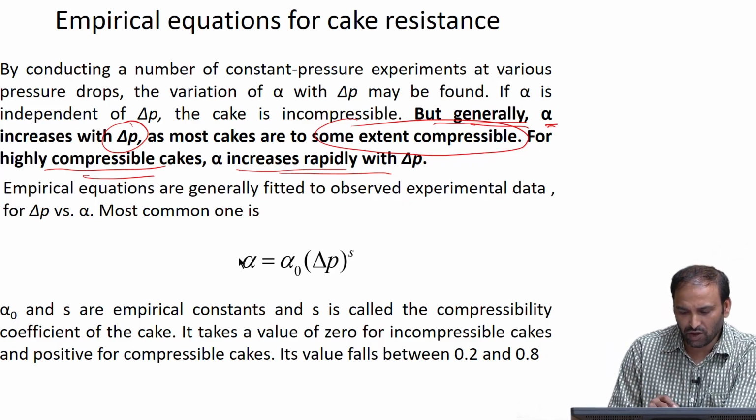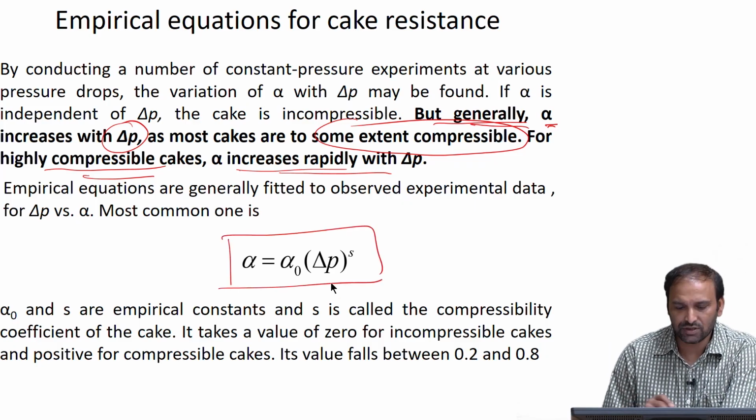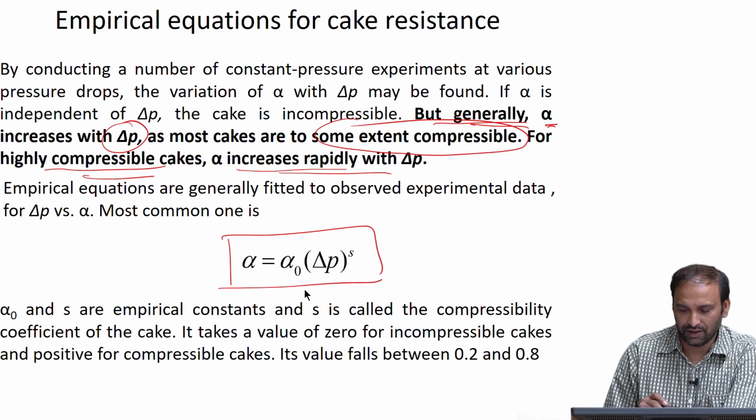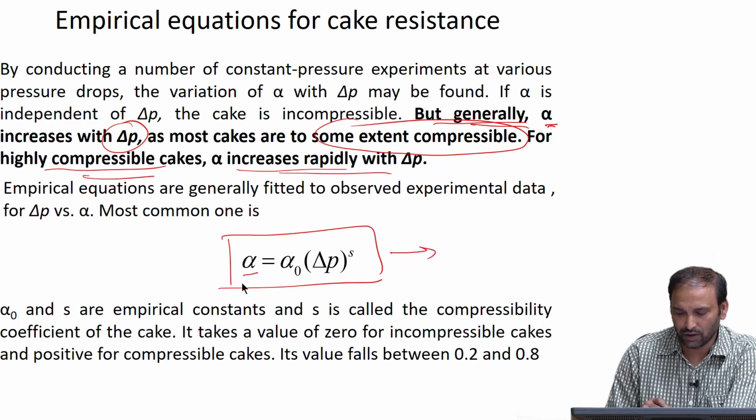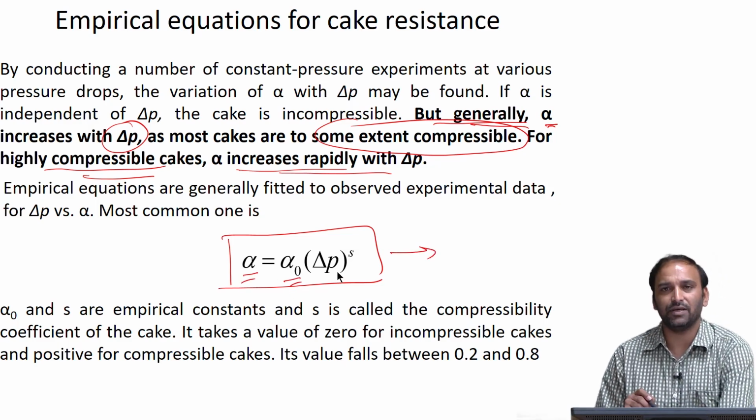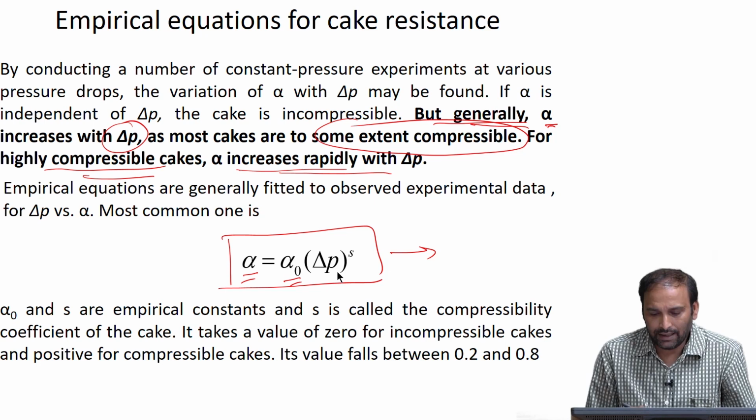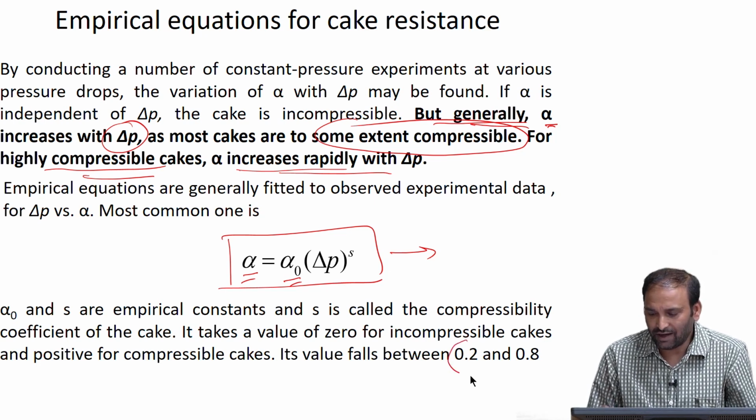So, most commonly what people do is use experimental data and fit a power law kind of expression of this sort, where alpha goes as alpha naught into delta p to the power of s, depending upon the value of s.